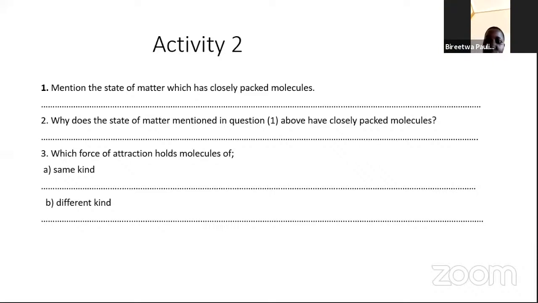Cohesion force. Very good. What about B? Which force of attraction holds molecules of a different kind? Adhesion force. Beautiful. Those are forces of attraction. Same are cohesion forces and different are adhesion forces.